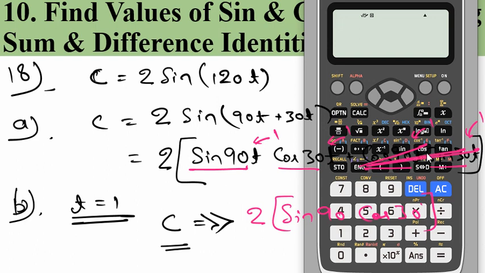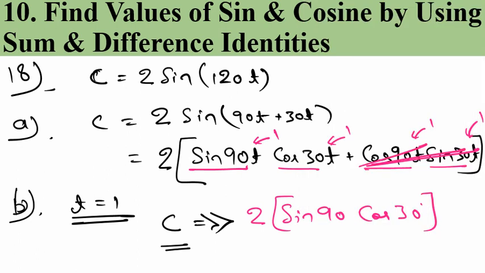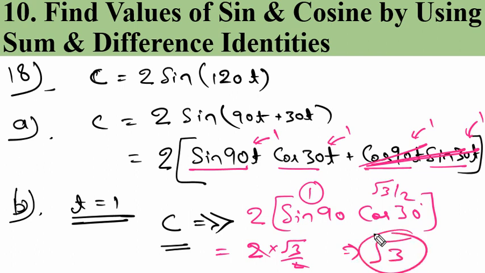And sine 90 is equal to 1. So yep, that's how you do it. So 2, this is 1, and this is root 3 over 2. Multiply root 3 over 2, this 2 and 2 cancel. So current is equal to square root 3. That's how you will do it if it is a writing exam.